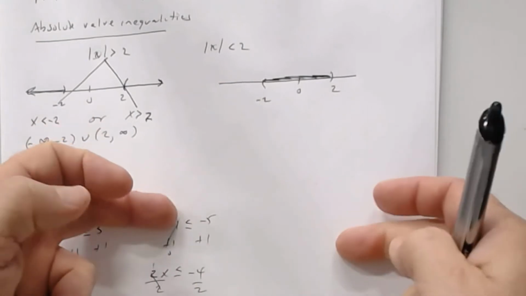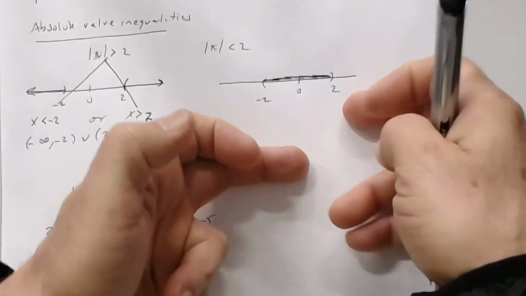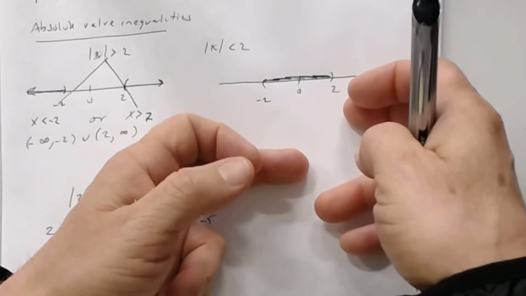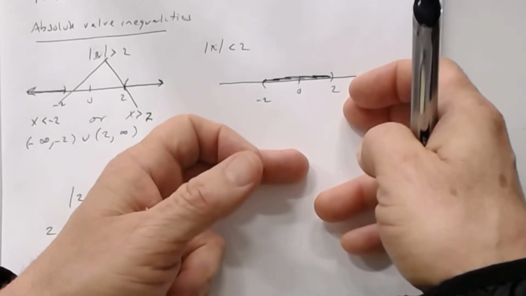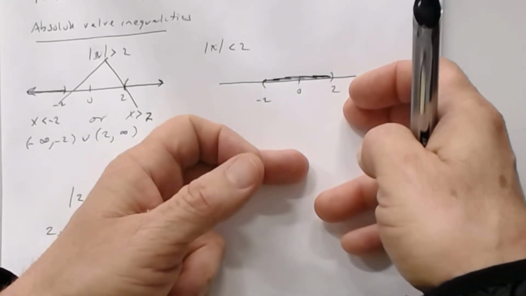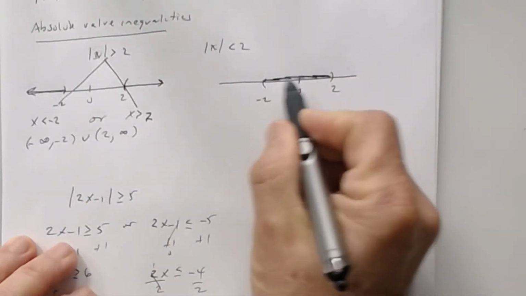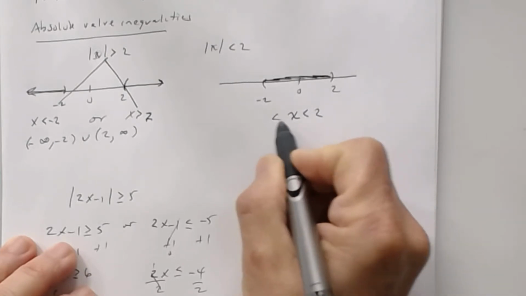But your work has to match this. If your work doesn't match this, it doesn't matter if your answer is correct, your work's incorrect. You just happened to get the right answer by chance. Okay? So if you look at this, that means all of my solutions are between 2 and what? Negative 2.